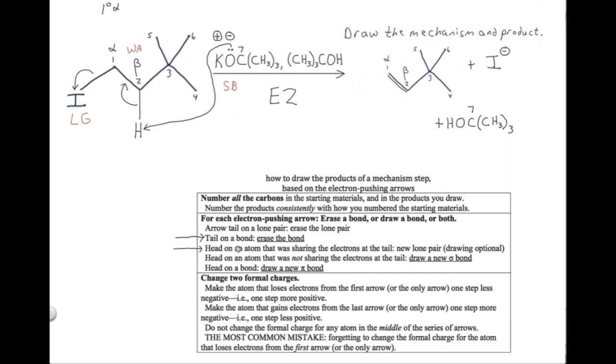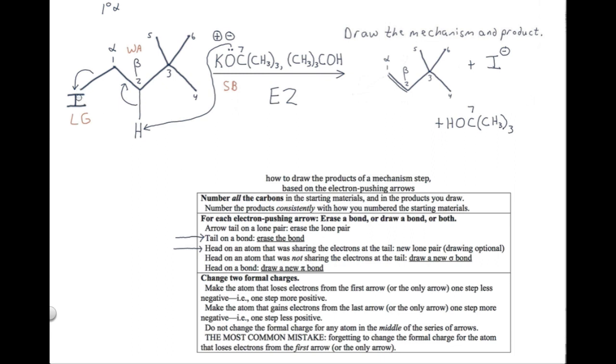Well, when the head of the arrow is on an atom that is already sharing the electrons at the tail, that arrow indicates that we're forming a new lone pair on the iodide. Most professors don't require you to draw all the lone pairs, so I'm not actually going to draw the lone pair, but we should know that a new lone pair has formed on this iodide.